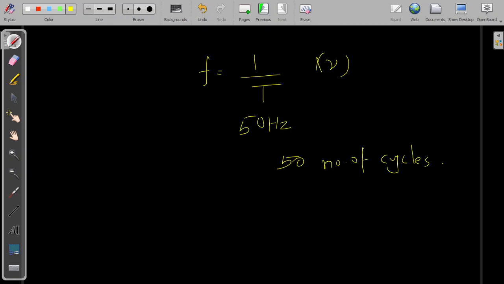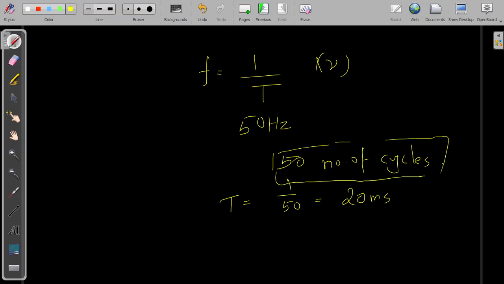That means the time period T will be equal to 1 by 50, that is 20 millisecond. When you close your eyes and open them, within that duration 50 cycles are completed for your supply voltage.